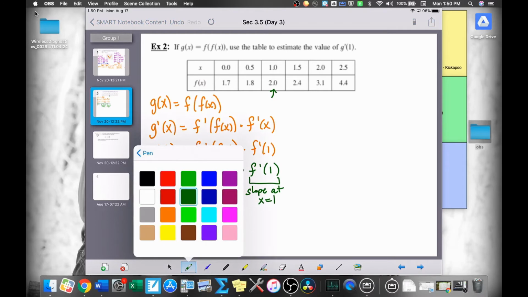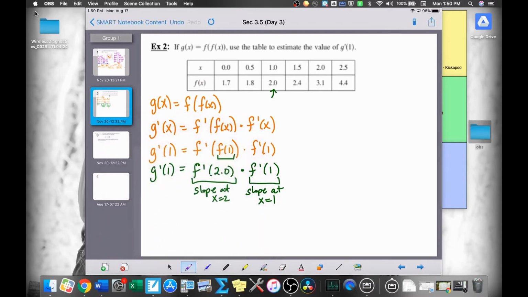So let's start with f prime of 2.0. If I want to find that, I'm actually going to find two different slopes. So here is x is 2, right, 2.0. So I am going to find the slope between these 2 points, and I am going to find the slope between these 2 points, and then I'm going to average them together. And that's going to be a pretty decent guess based on the information that we have for the slope at 2.